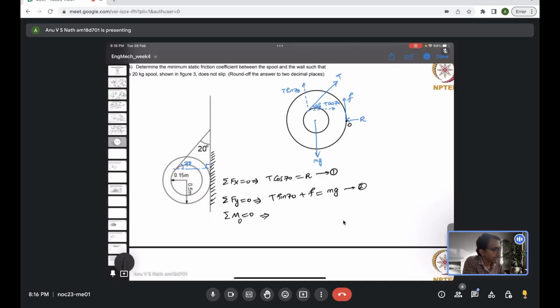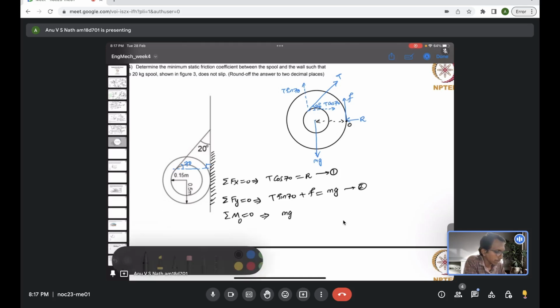Okay, so the friction force F and the normal reaction R are passing through the point O, so they are not creating any moment. The force mg is going to create a moment, mg times the moment arm, which is this distance, right? It's given that distance is 0.5 meter, the radius of the outer circle.